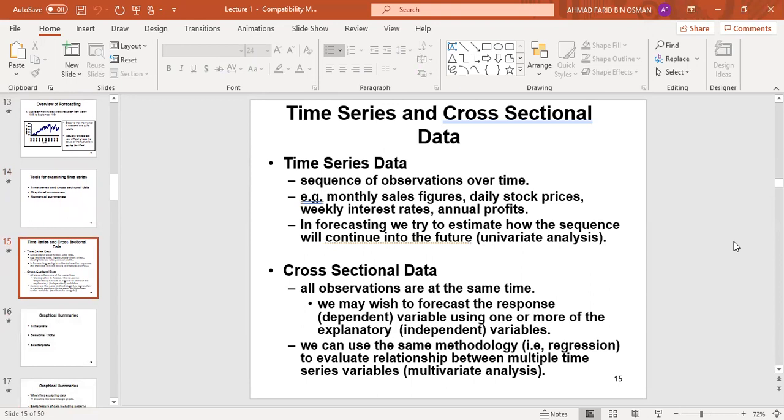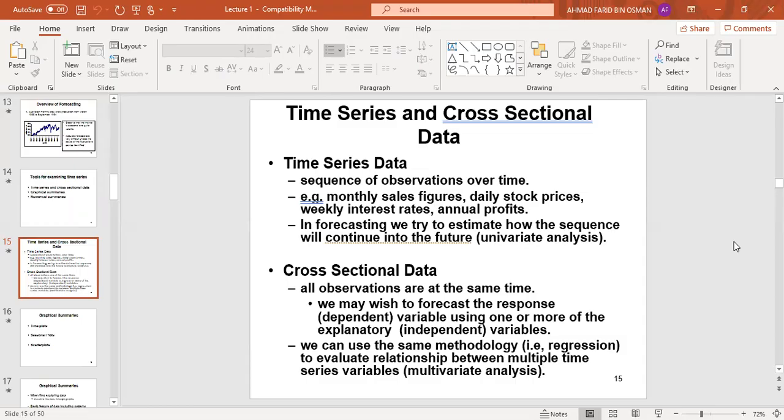Time series data, just like I mentioned before, is a sequence of observations over time. For example, monthly sales figures, daily stock prices, weekly interest rates, annual profits. In forecasting, we try to estimate how the sequence will continue into the future. This is what we call univariate analysis. We produce forecasts only based on the previous values of the same series.